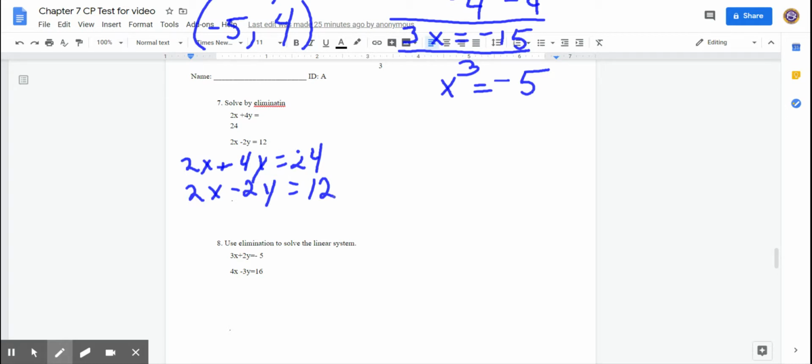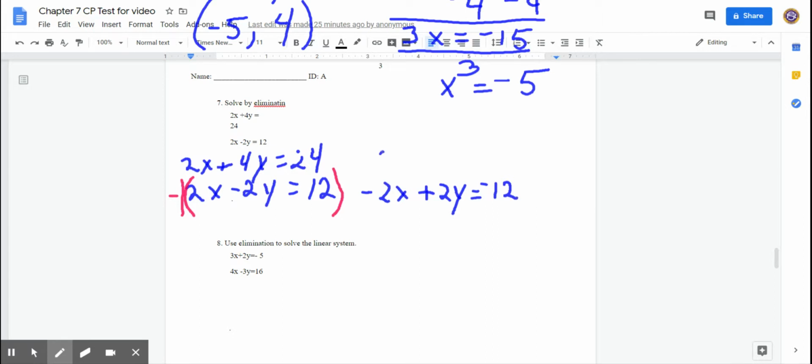So if I just take and multiply one of those equations by negative 1, I'm going to choose the bottom one. If I multiply that by negative 1, I'm going to get negative 2x plus 2y equals negative 12.